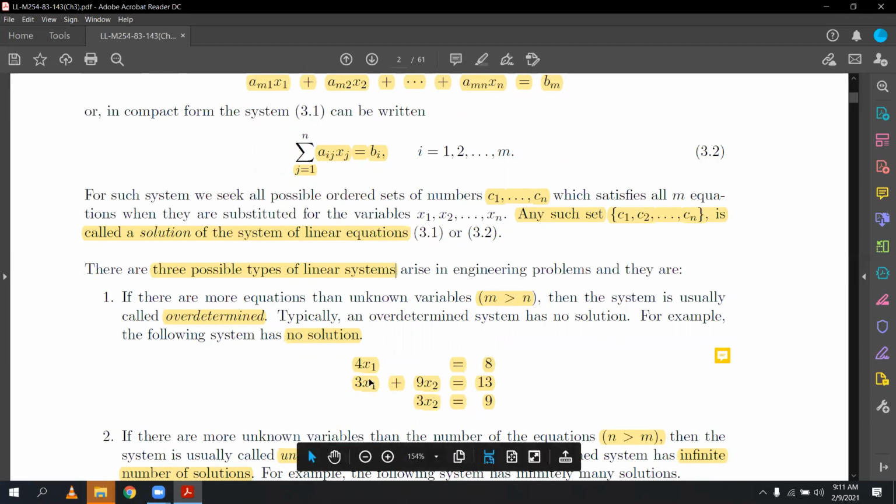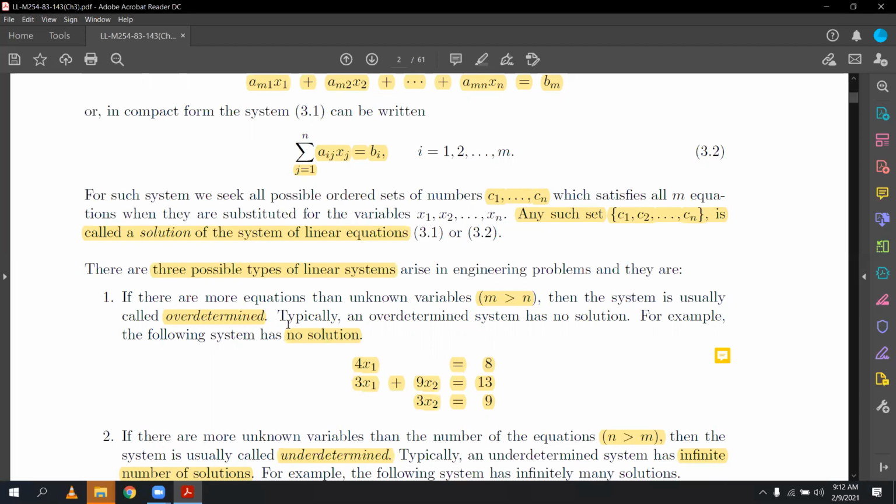Now, when you have this shape of system, you can have a general idea of what possible solution you can get. Not exactly, but roughly you can have an idea of the solution of this type of system before solving.